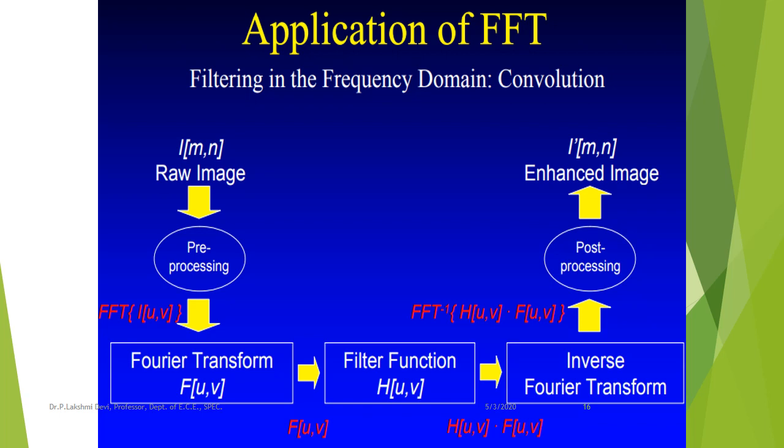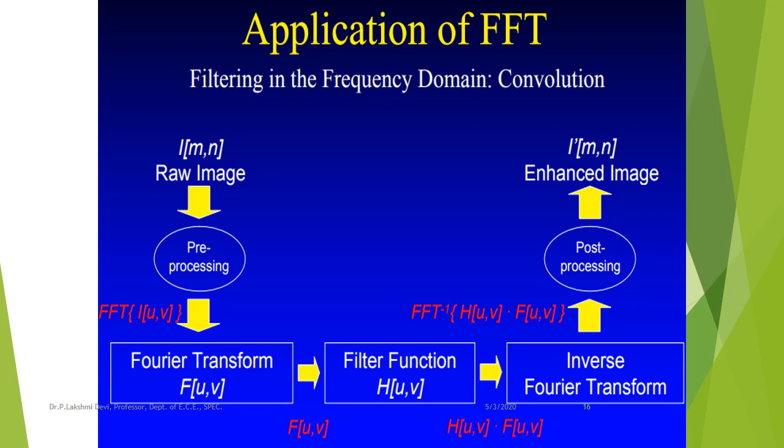The Fourier transform output we denote as F of u v. The filter function is nothing but a convolution process taking place. If the filter transfer function is denoted as H of u v, then H of u v into F of u v is the output of the filter function.